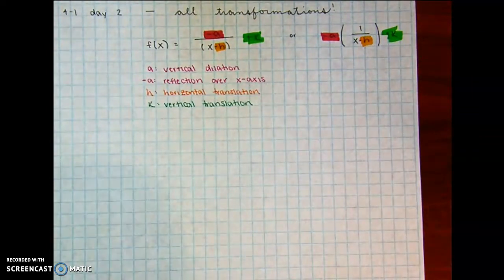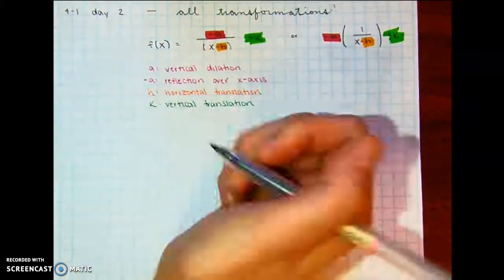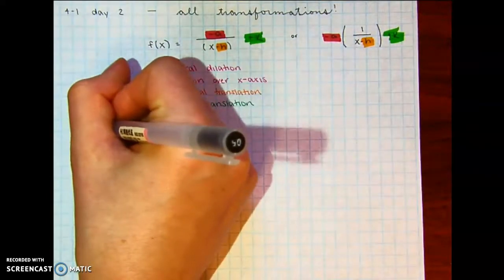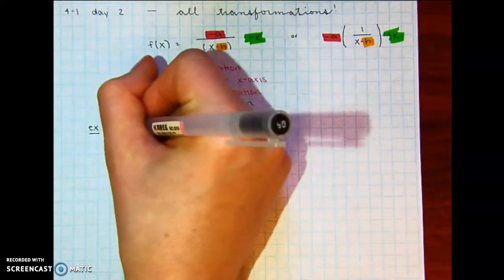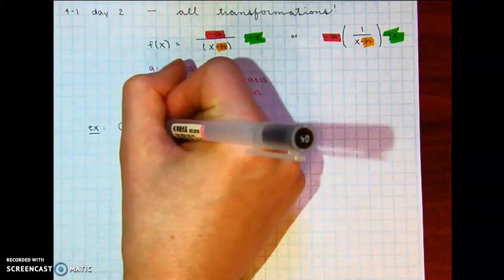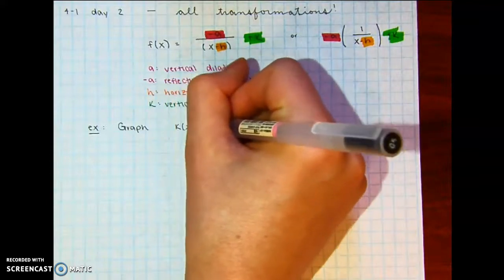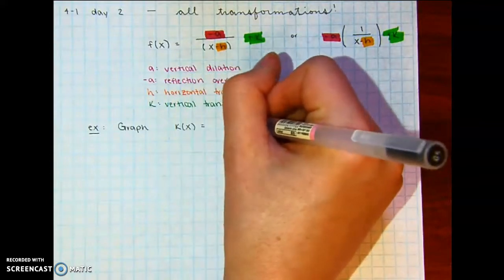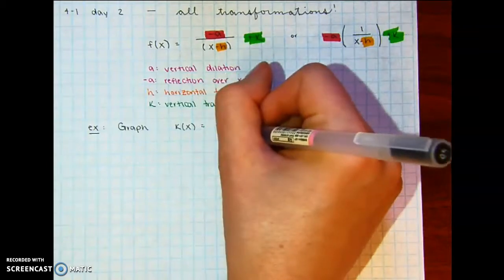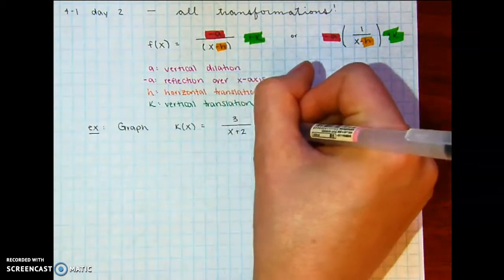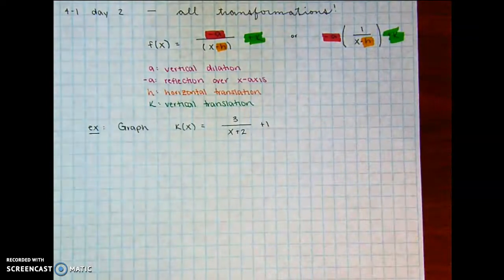So let's do an example of graphing. Graph k of x equals 3 over x plus 2, and then plus 1. So the first thing we want to do is list those transformations.